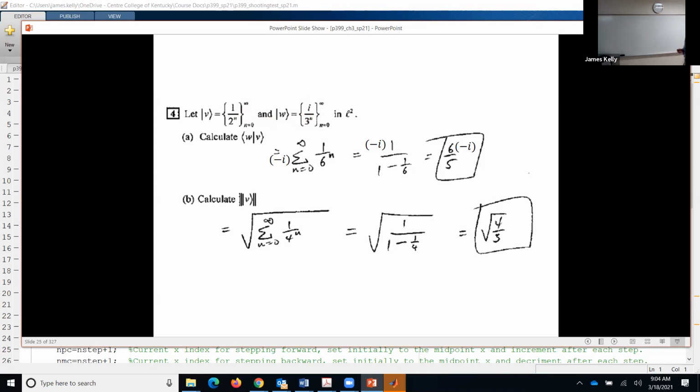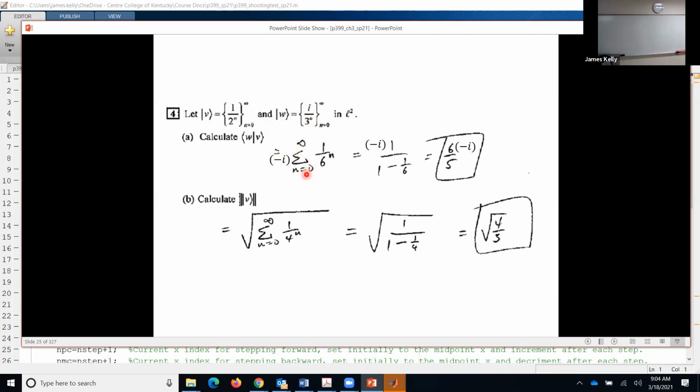Same thing we usually do, except we just need that extra star on there. So we get a factor of minus i, which I left out of my solution for some reason. And we get 1 over 2 to the n times 1 over 3 to the n is 1 over 6 to the n, or (1/6)^n. And that's a geometric series for which we can use the geometric series summation formula.